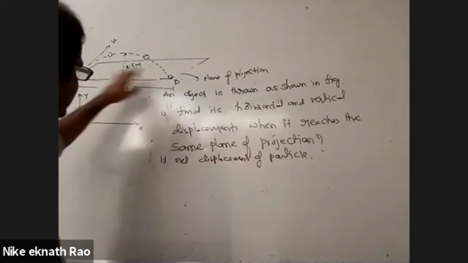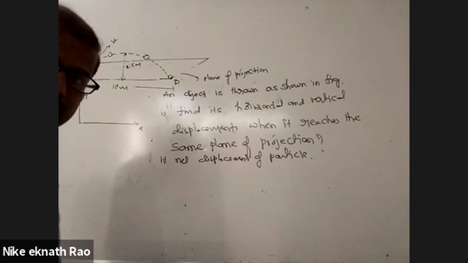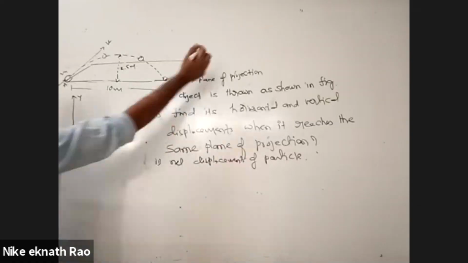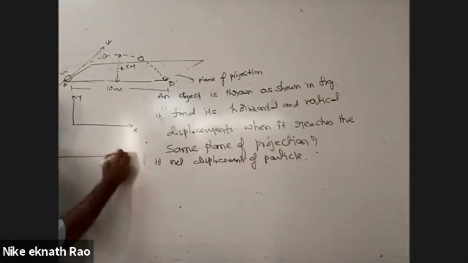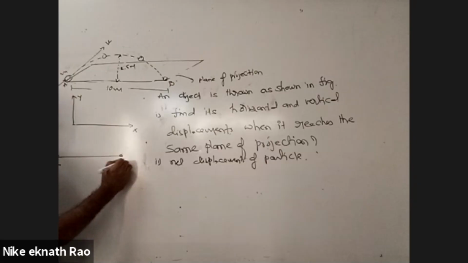After completion of its journey, does this particle have any height with respect to the ground? No, sir. So here, the projected initial position was over here, and the final position was over here.